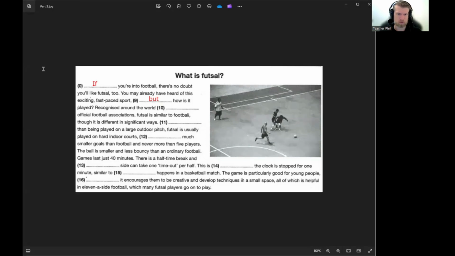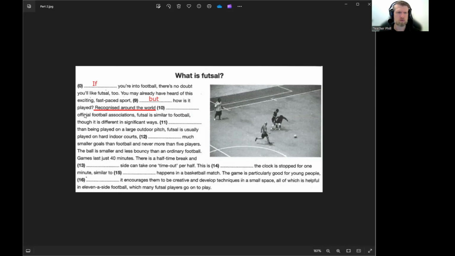Let's have a look at one more example. Recognized around the world. Official football associations. Futsal is similar to football. What we see here at the beginning of the sentence is a structure with a past participle, recognized around the world. So this tells me that we have a passive verb structure, because futsal obviously doesn't recognize itself, but others recognize it.